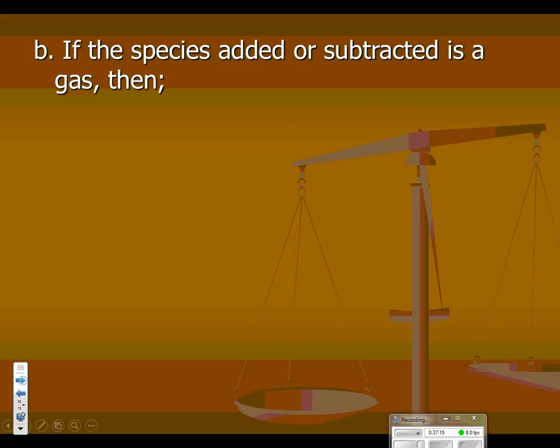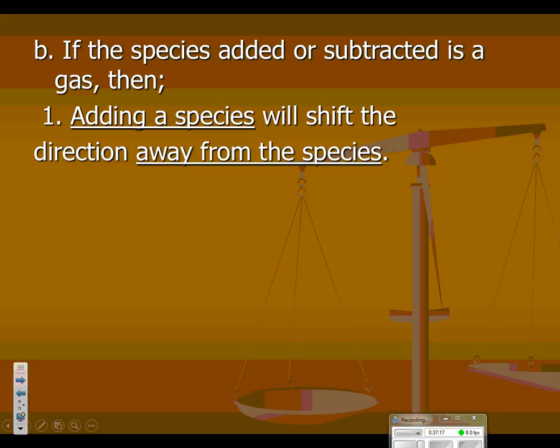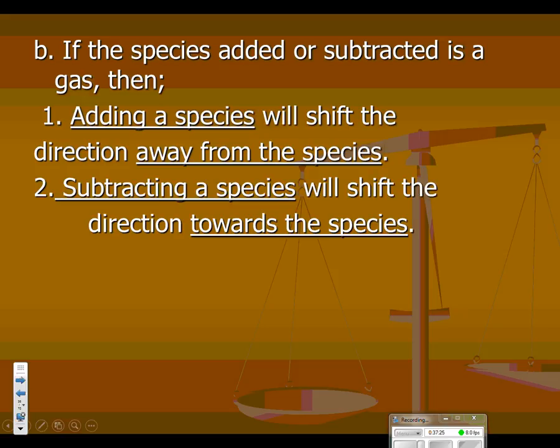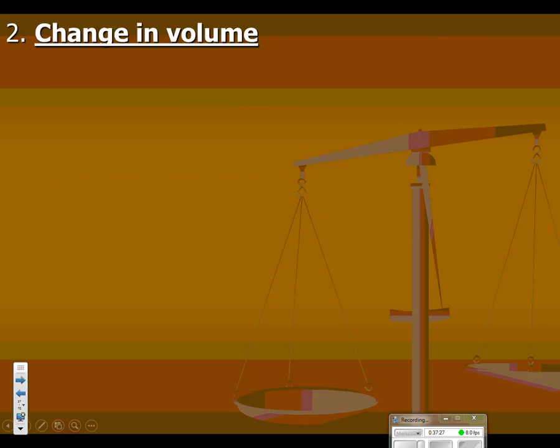Yeah, perfect. Okay, adding a species will direct it away from the species you add. Taking away a species will try and fill the hole. We already talked about that. Change in volume. So if I change the volume, that's going to affect the pressure. If the pressure goes down, it will go to the side that has the most gas. If the pressure goes up, it'll go away from the gases because I'm crunching it down.